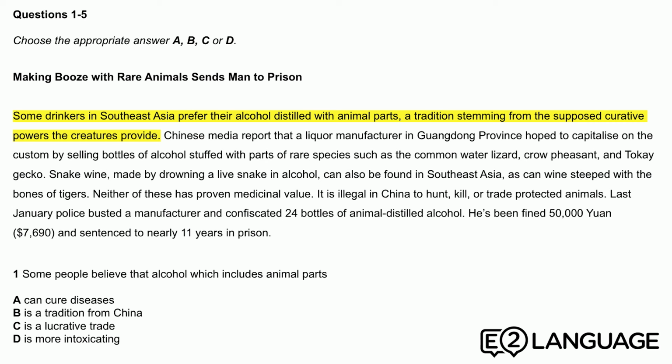So if we look at that phrase there, supposed curative powers, and then we look back at the answer options, which one matches? Hopefully you got A. Some people believe it can cure diseases.